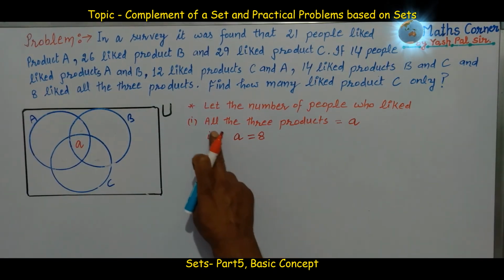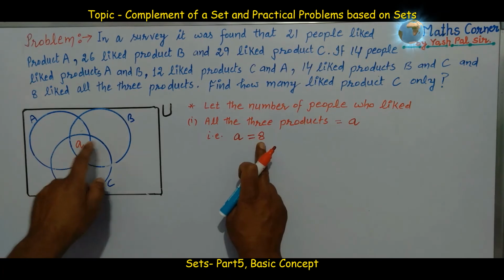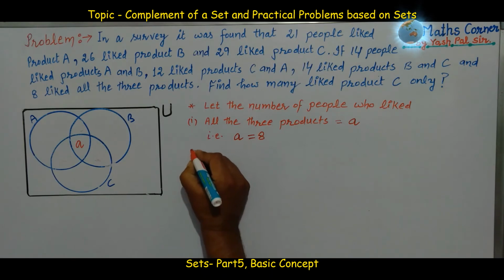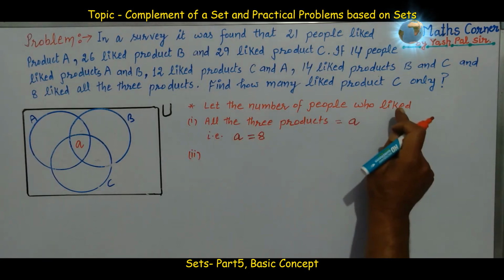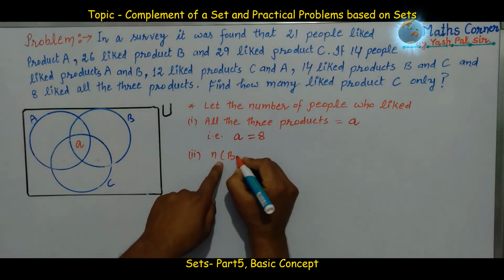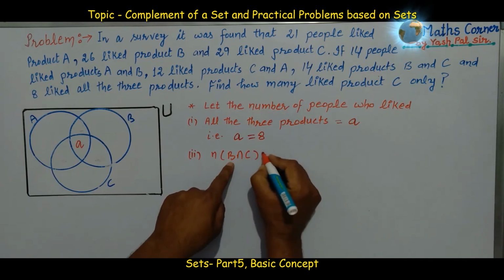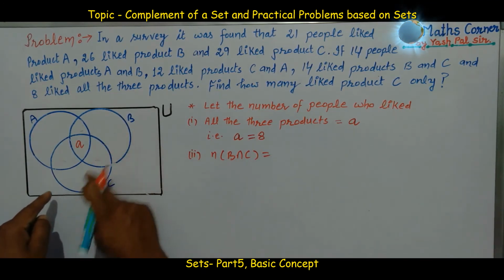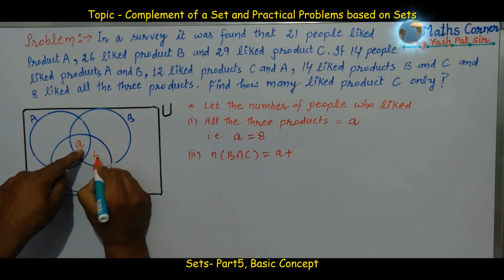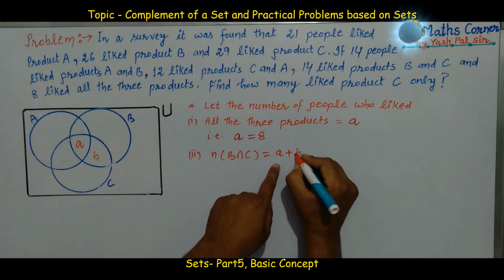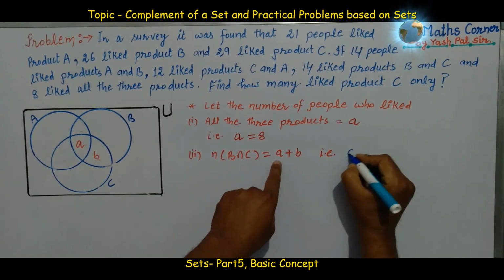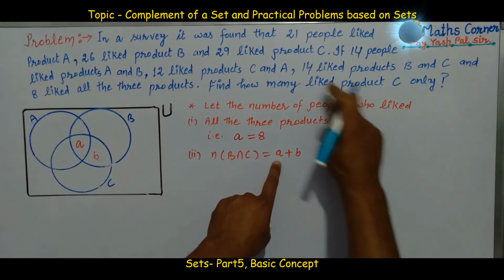After finding A equal to 8, we come to the 14 who liked products B and C. Let the number of people who liked product B and C, the intersection, be A plus B, since A is already here and suppose this part is B. The value of A plus B is equal to 14.